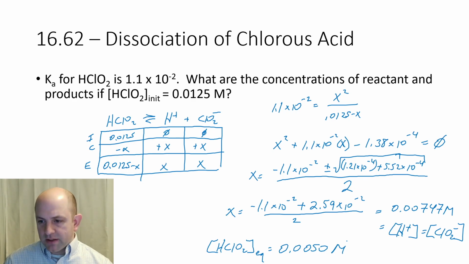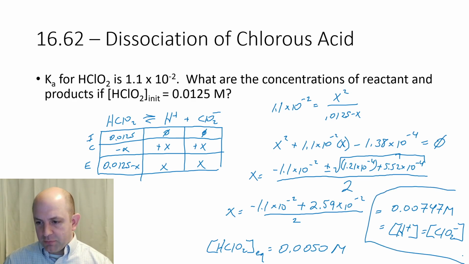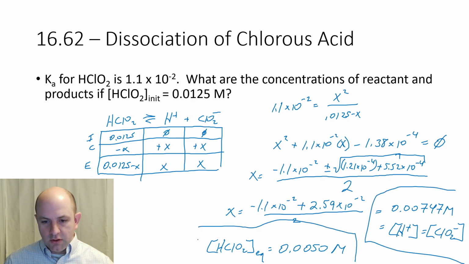And that makes sense. If we plug those numbers in, 0.00747, if we square that and then divide by 0.005, yeah, we get 1.1 times 10 to the minus 2. So it's good to double check those numbers, make sure that if you plug them back in, you get what you're supposed to get?